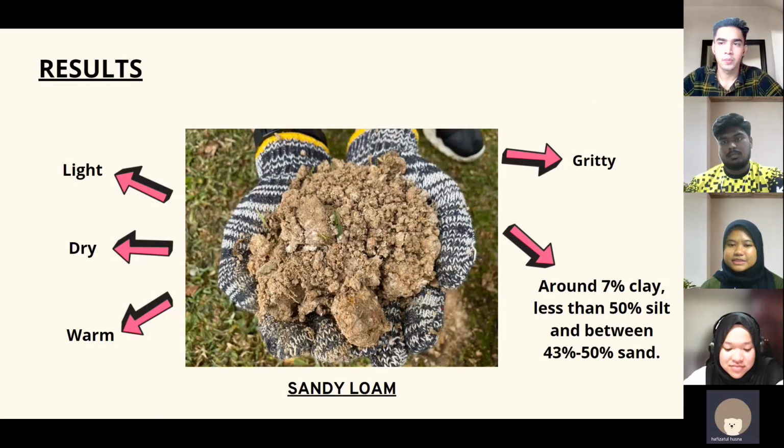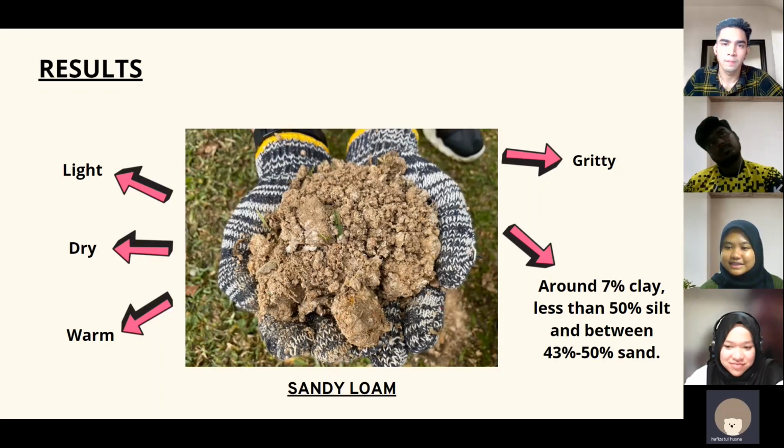Okay, based on the result that we get, soil tu bila Aiman angkat dan saya pun ada angkat sendiri, dia ringan. Boleh nampak dari gambar yang kami ambil ni, nampak kering soil tu. And then it also feels warm and gritty. Nampak dia punya structure tu, dia macam ketul-ketul kecil, dia gritty.